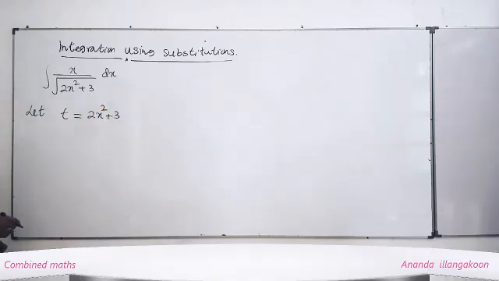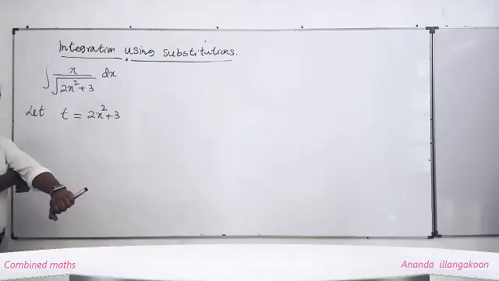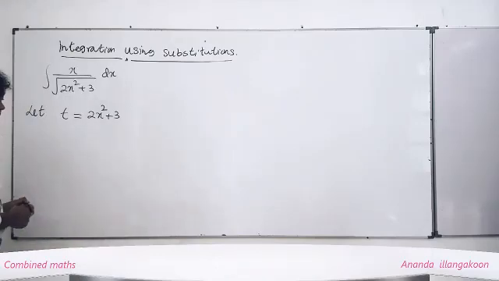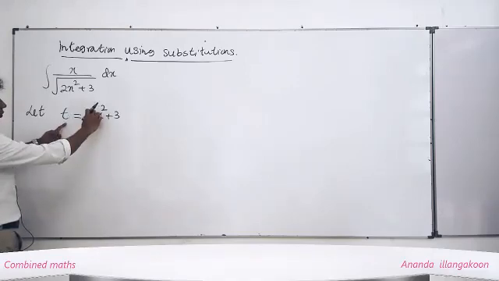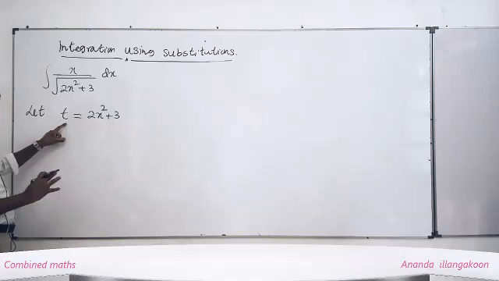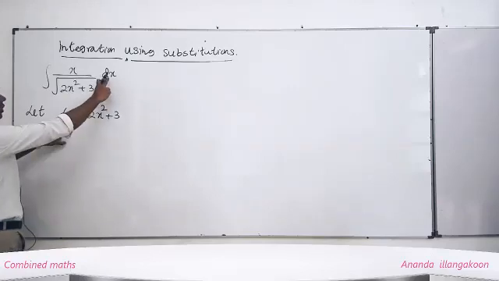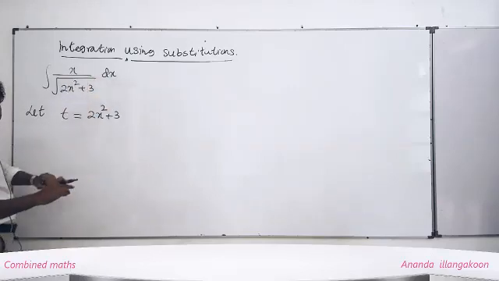Whenever we use a substitution, the first thing is we have to differentiate this substitution. Using this t, 2x squared plus 3, we are going to work out the question finally in terms of t. Therefore, this dx and every x we have to replace by t.